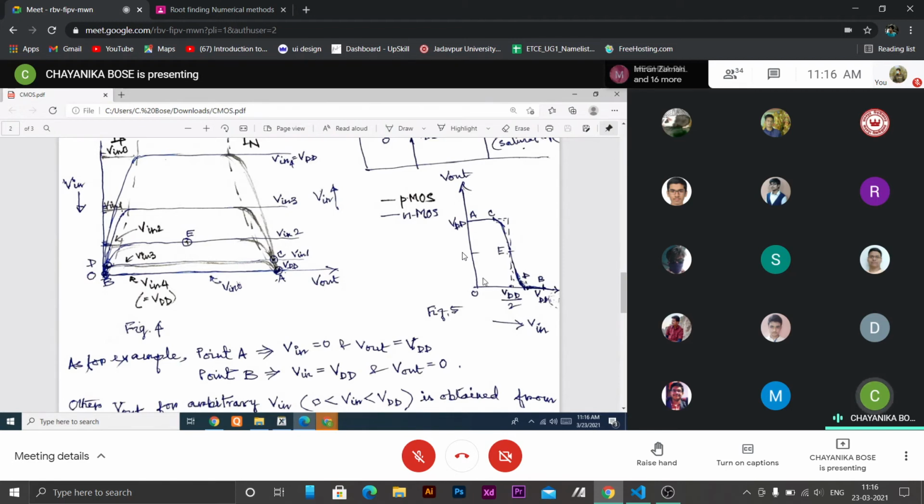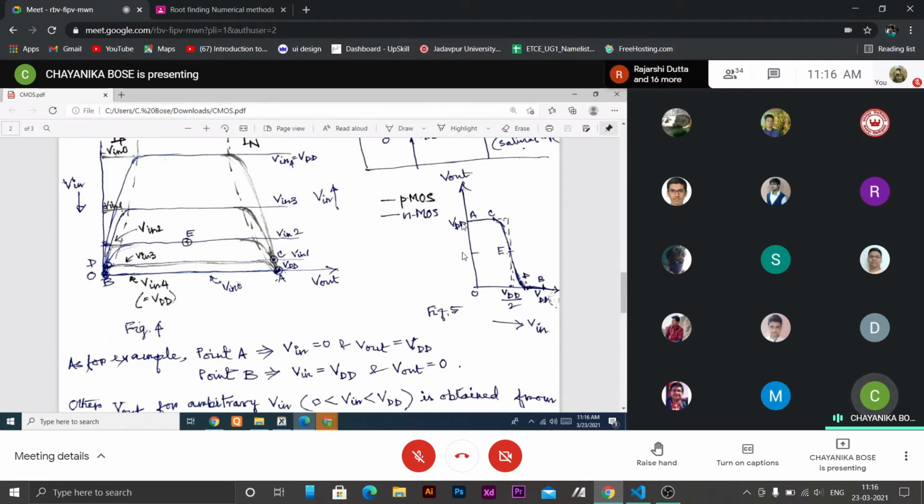So this continuous variation may be due to input signal or due to presence of noise, or our input voltage itself may vary, but output will be discrete one, high or low, for an ideal one.